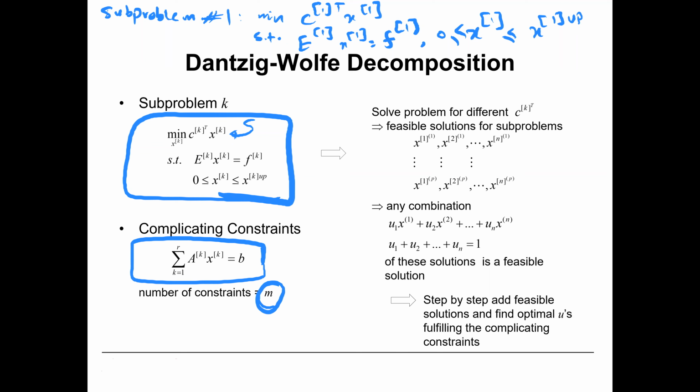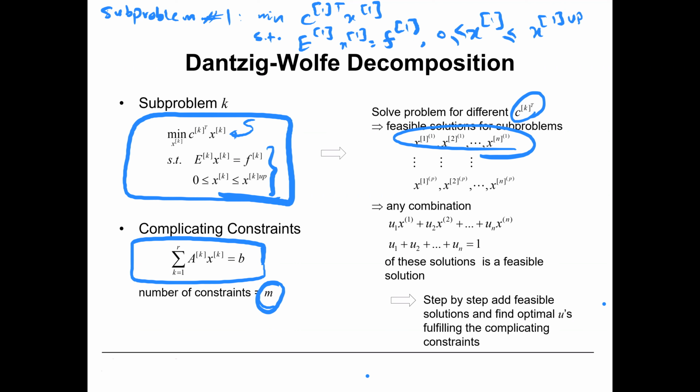So how does the decomposition technique work? First, we solve the problem for different subproblems. For each of the subproblems, we try to find a set of feasible solutions. So you just choose any arbitrary values. You just want to make sure that the solutions, let's say the first solution set, satisfies all of the constraints for each of the subproblems.